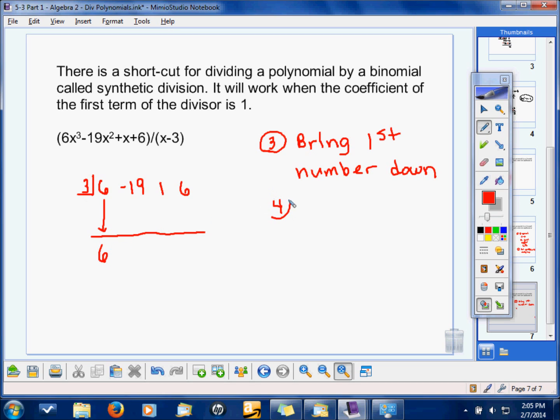Okay, so you're going to multiply the box number times the number brought down.